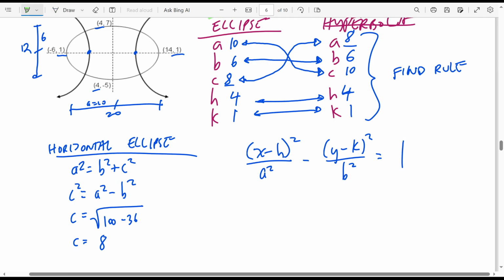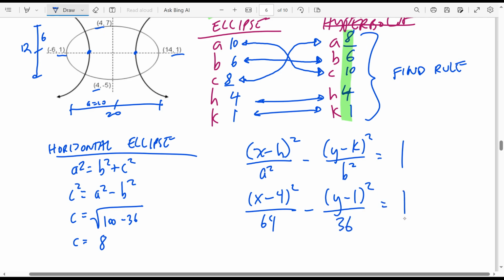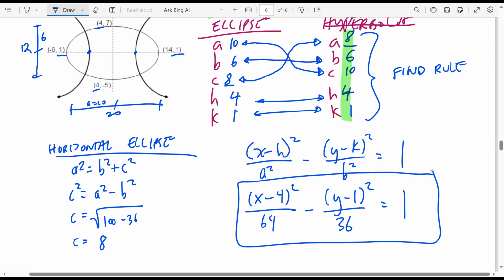Now I'm literally just going to take all of this information and plug it in. So (x minus 4) squared all over 64 minus (y minus 1) squared all over 36 is equal to 1. And that would be the rule that I'm looking for.